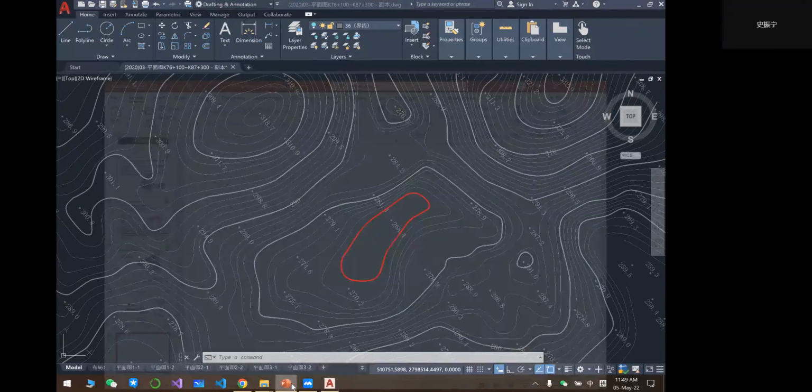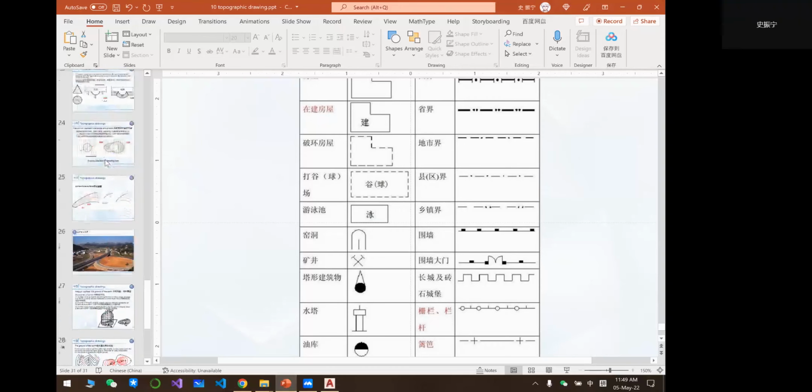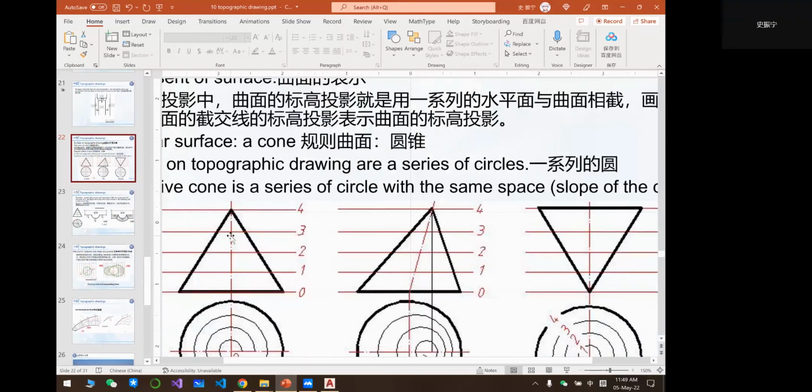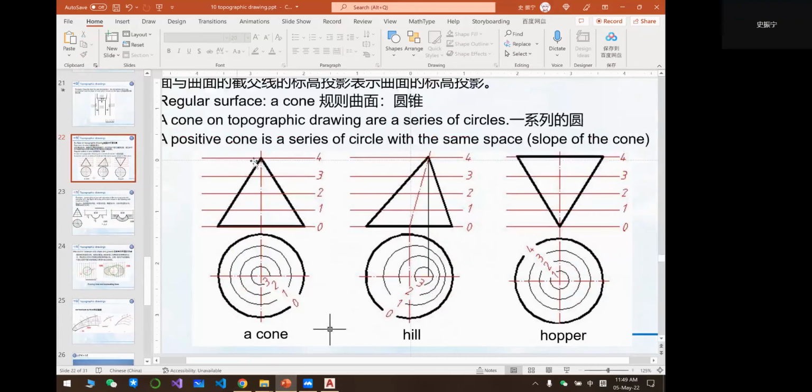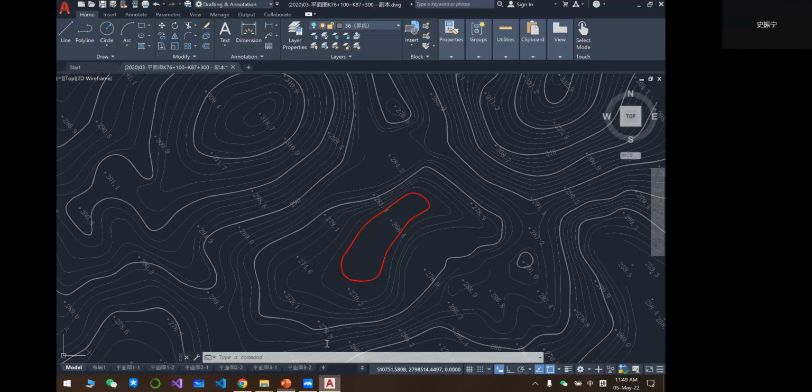Just like these two. You can see, this is the top and this is the bottom. Okay, so now maybe you will understand what this is, because the elevation is lower than the others around this area.